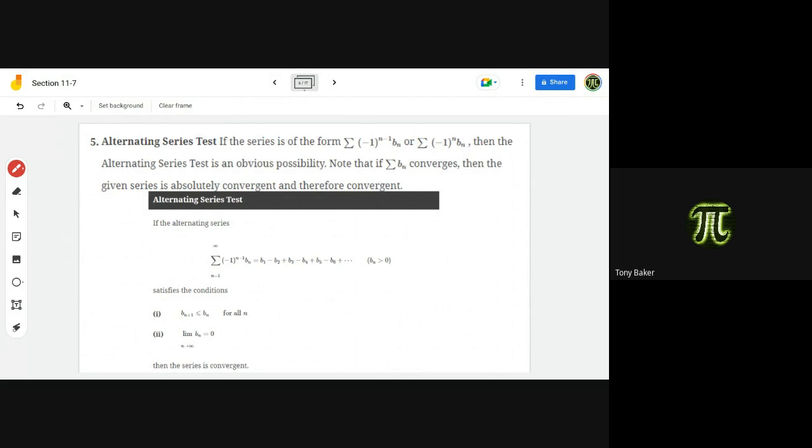Because if that's not going to 0, then the chances that it's decreasing, or if it's going to 0, the chances that it's actually going to be increasing as you get bigger is next to none, because if it's getting bigger, it can't go to 0 as the limit. There are situations where it does go to 0 and it's not decreasing. But it's never going to fail the test for divergence and then pass it. It will never end up working that way. That's why I always do the second one first, because that's the one that's most likely to fail.